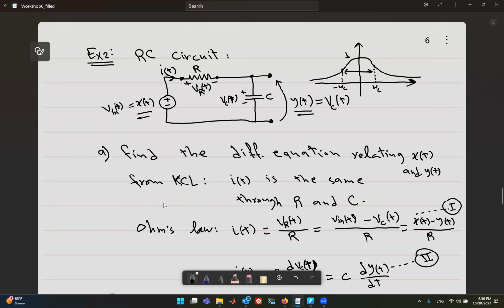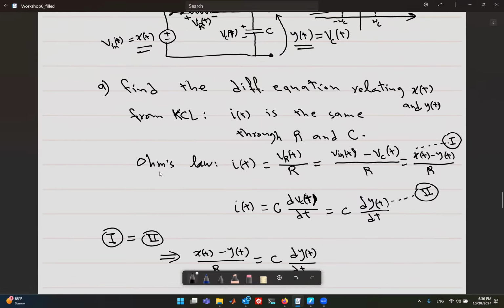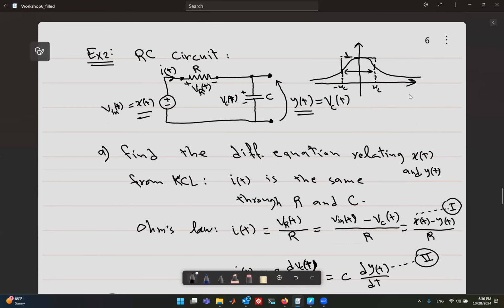So comparing this to the ideal case, where we have a complete cut at those frequencies, for this practical filter it will look like this. And those cutoff frequencies are actually just 1 divided by RC.